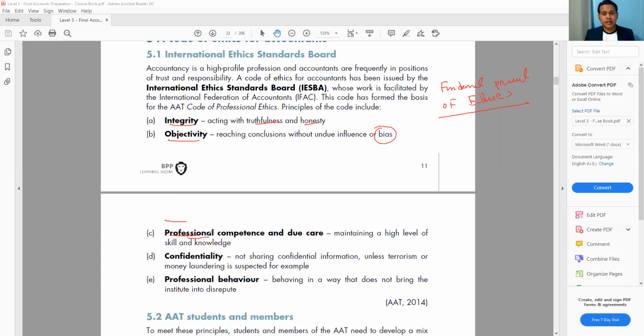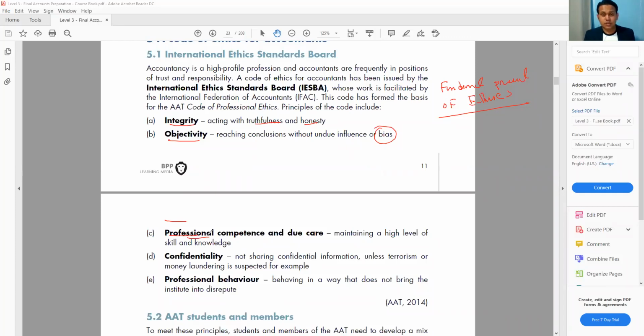So confidentiality means you do not share the client information with anyone, even if you find out your client doesn't want to pay tax, your client is avoiding tax, or your client is doing something wrong. Still, you are not allowed to tell this to HMRC. If you tell this information to HMRC, you will be in trouble.